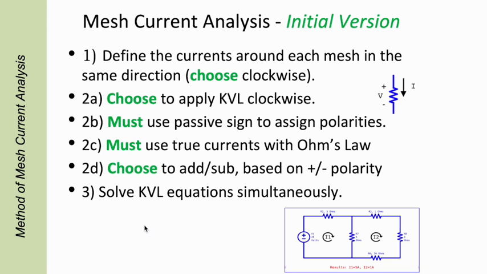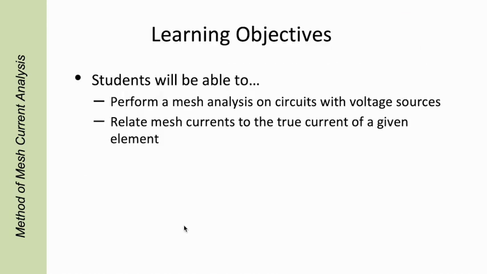Okay, so once again, here is our procedure. This will work perfectly well when we just have voltage sources in a circuit. And now you should be able to, with a little practice, perform a mesh analysis on circuits with voltage sources and be able to relate mesh currents to the true currents of a given element.